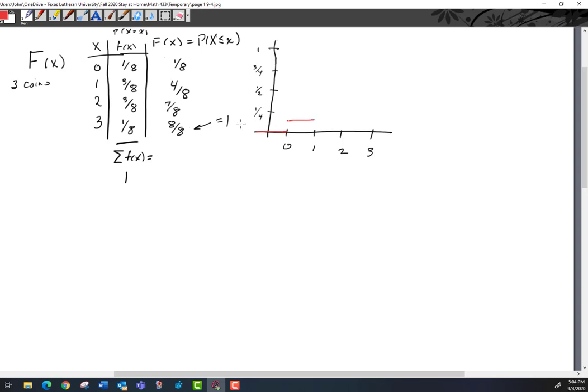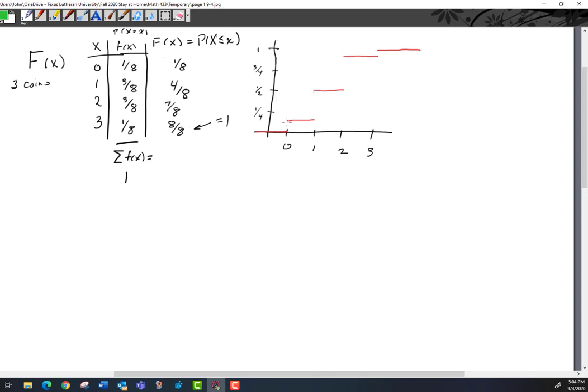And when I get to 1, it's going to jump immediately to 4/8, and 4/8 is 1/2, and so it's going to jump up to here. And like that. And then at 2, it's going to jump to 7/8. So 7/8 would be way up here somewhere until I get to 3, and at 3, we're going to jump to 1.